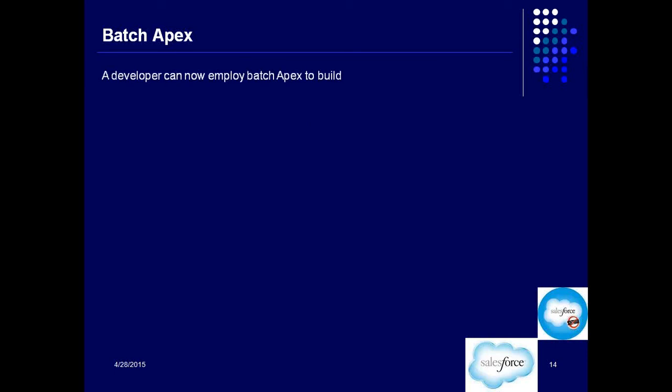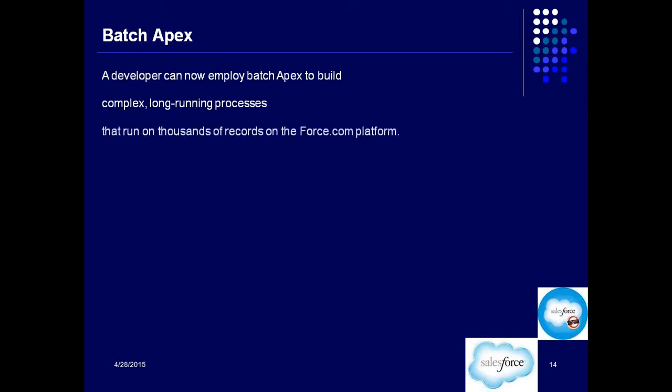Batch Apex is another way of using asynchronous Apex. A developer can now employ Batch Apex to build complex, long-running processes that run on thousands of records on the Force.com platform. If there's a long process which involves thousands of records, then you can perform that operation in small batches. Rather, instead of starting one process which is very long, you can do small batches.